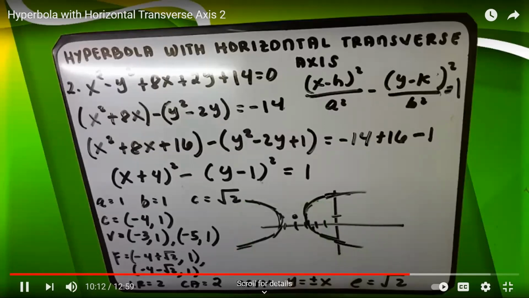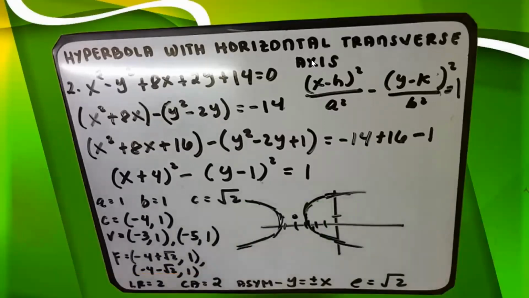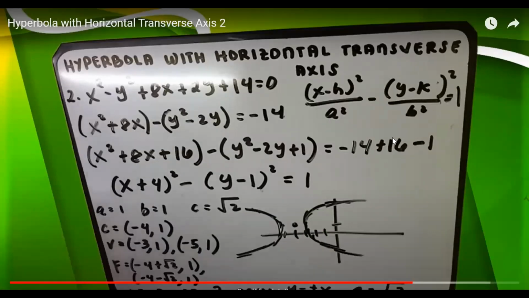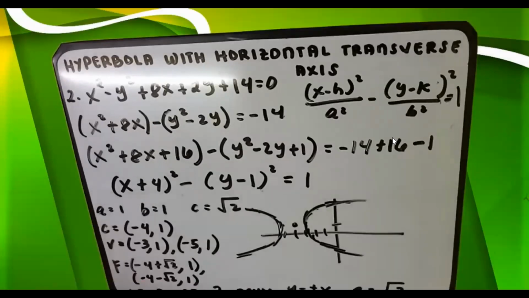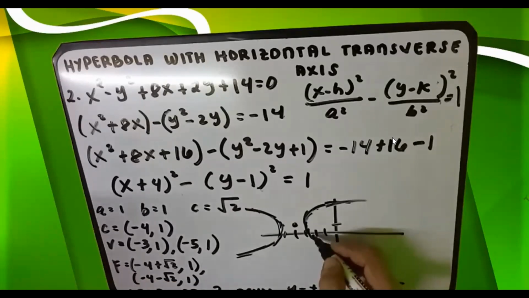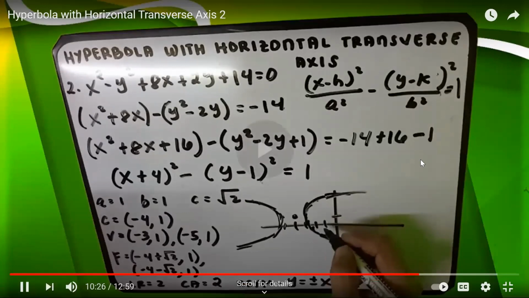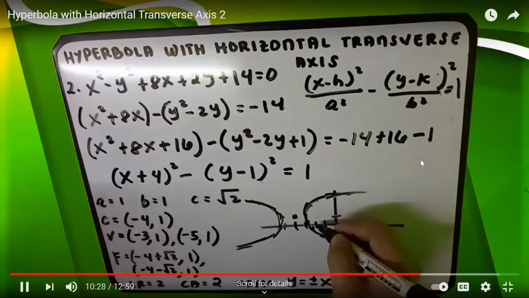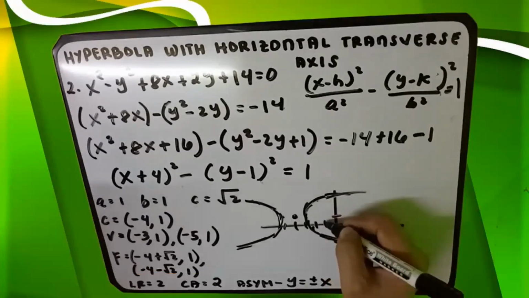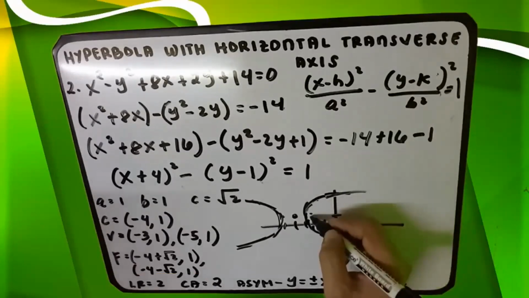And then, ang foci, so estimatedly, negative 4 plus square root of 2. So that is negative 2.58, 1, and 2.51 dito.